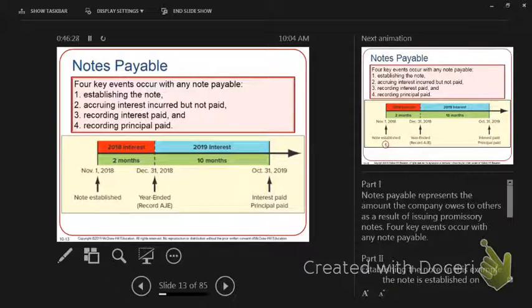Then December 31st, what do we have to do? We have to calculate interest with the formula. Because it was incurred, we haven't paid it, but what's the matching principle say? Expenses have to be recognized when incurred, and we incurred them in that year.